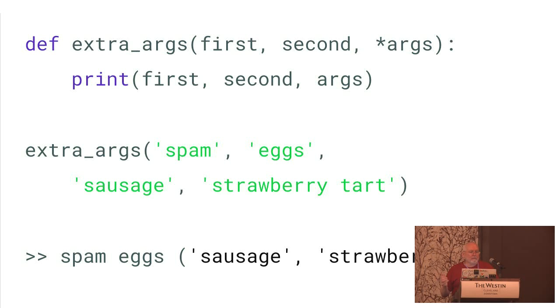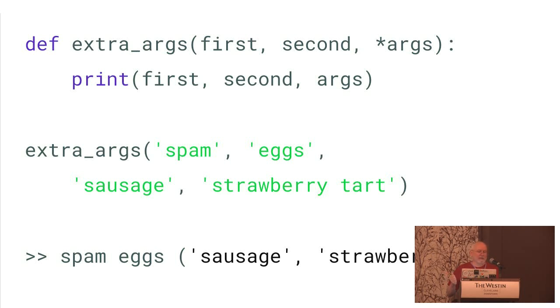So here we go. Simple function. There are 2 positional arguments, and then we have args here with the star. It basically says, if you give me extra positional arguments, more than 2, collect them in a variable named args. So if we actually run that function and pass 4 things in, print them all out.